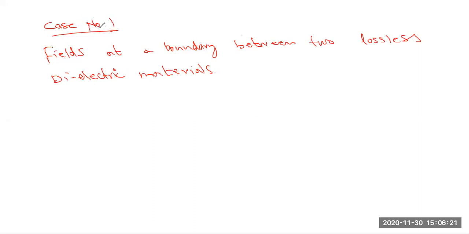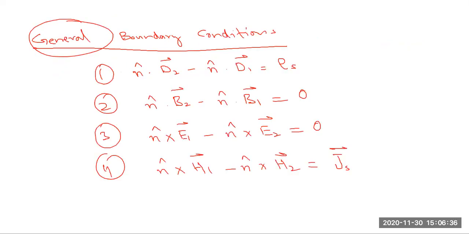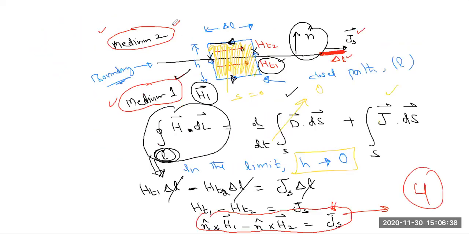So what situation am I considering? I'm assuming that the boundary that we are looking at is between two lossless dielectric materials. It means let's assume that this medium 1 and medium 2 are dielectric materials, as well as I'm assuming that they are lossless.